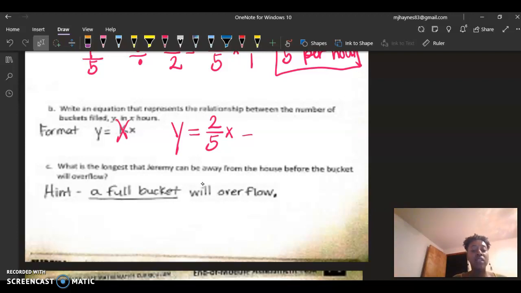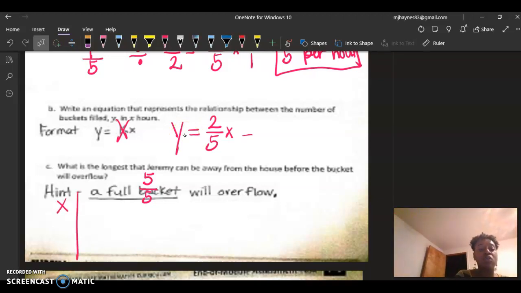Okay, so hint, a full bucket will overflow. And in fifths world, a full bucket, or 1, is 5/5. So I'm going to use the rates that have been given to me to see how long it's going to take to get to 5/5 of a bucket. Remember, since x is hours and y is buckets, I can make a table for this.